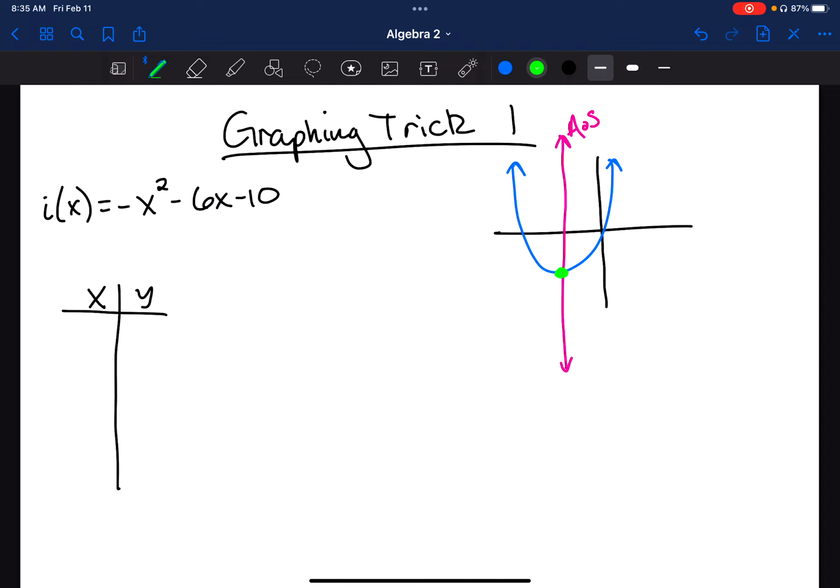And this point here, the vertex, is where the quadratic intersects with the axis of symmetry. So if we knew the axis of symmetry, well, we'd be set. We wouldn't have to keep doing all of this hard work.